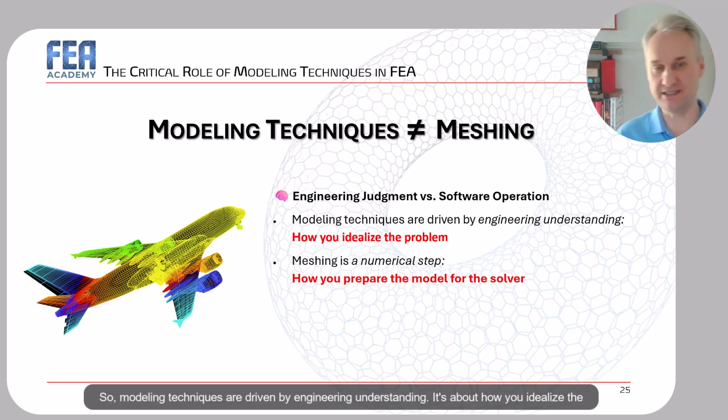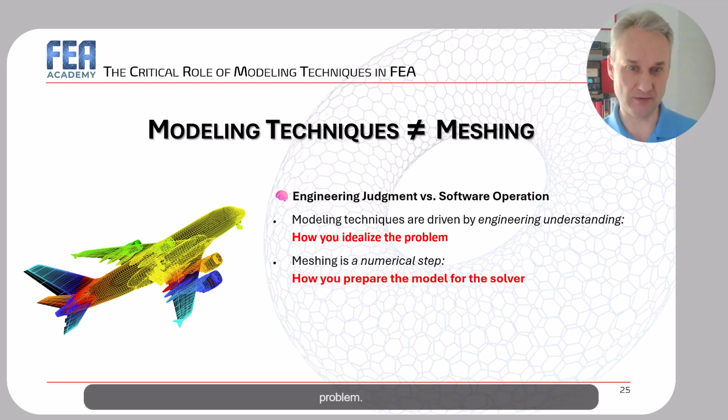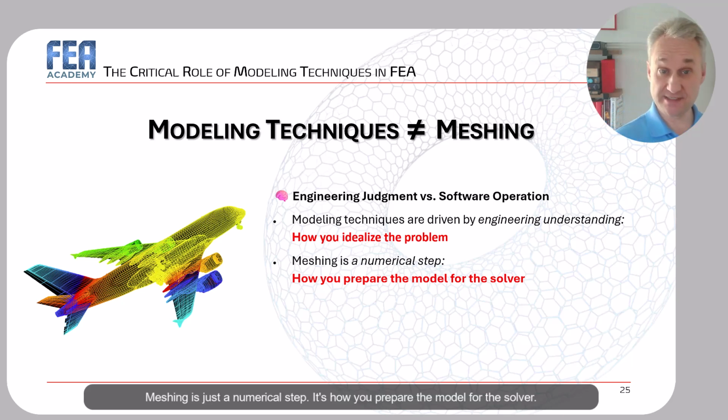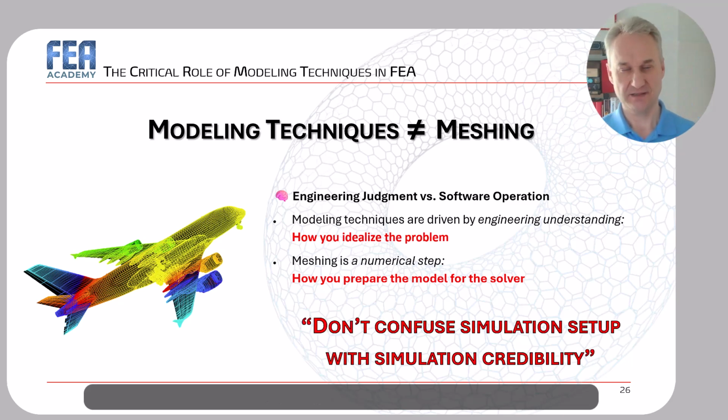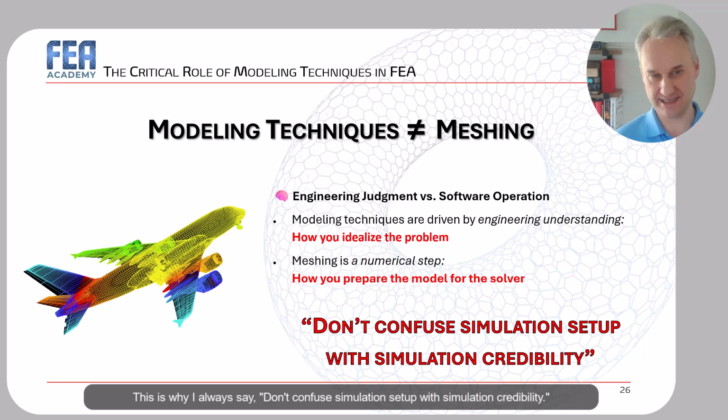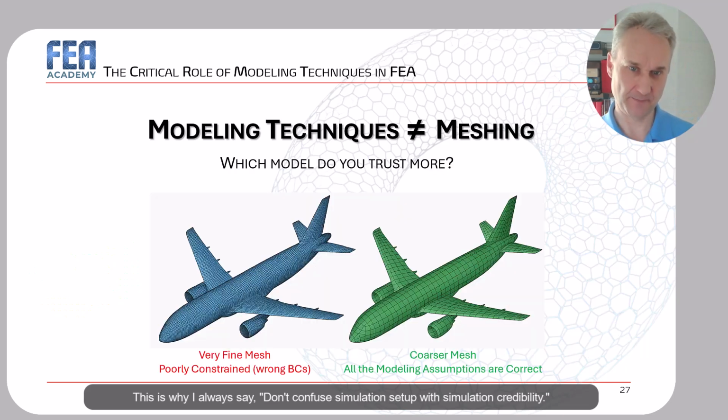So modeling techniques are driven by engineering understanding. It's about how you idealize the problem. Meshing is just a numerical step. It's how you prepare the model for the solver. This is why I always say, don't confuse simulation setup with simulation credibility.